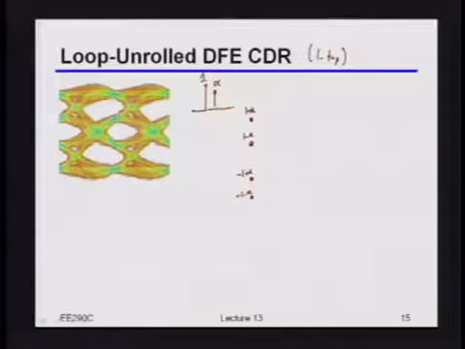Since I'm interested in what this does to the CDR, what I need to do now is think about what's going to happen when I have 2 consecutive data bits. In particular, what happens when those 2 bits are different from each other, when I actually have transitions? Because only when I have transitions do I really get timing information.